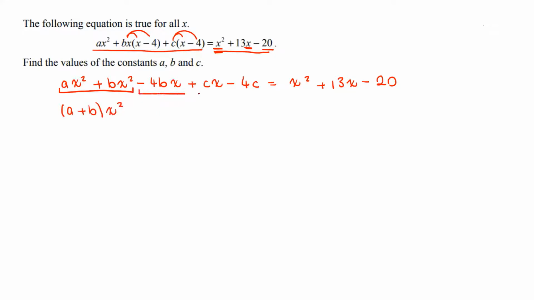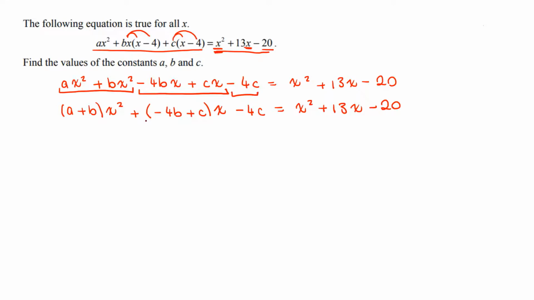If I look at the next two, they're both the x's, so I can factor out x, and I'm going to get (minus 4b plus c) multiplied by x. And then the only normal number here is just the minus 4c, and that should be equal to x squared plus 13x minus 20.